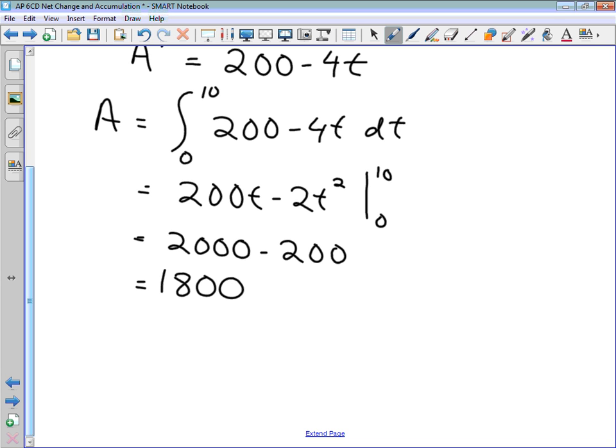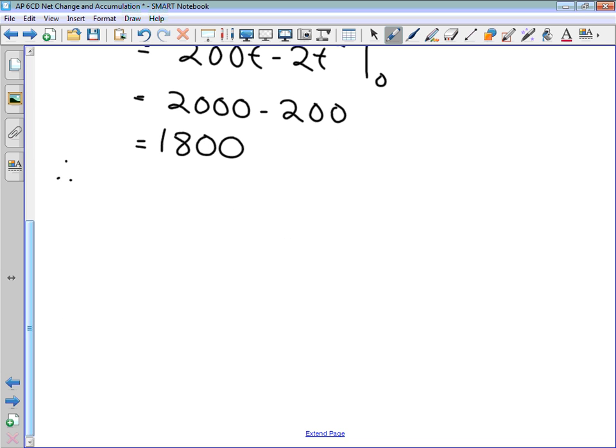Do the subtraction, 1,800. So after 10 minutes, 1,800 liters has leaked out.